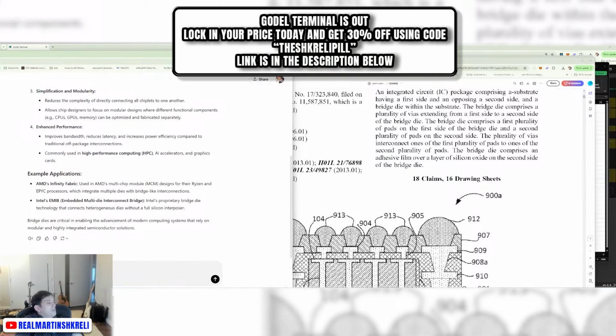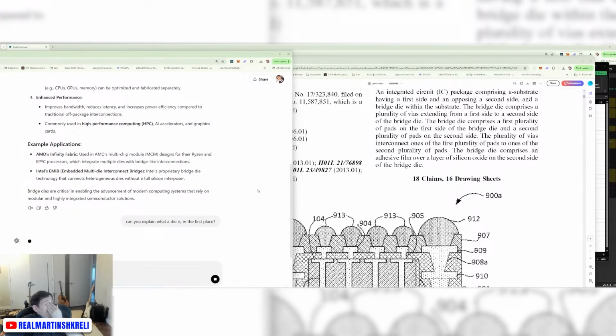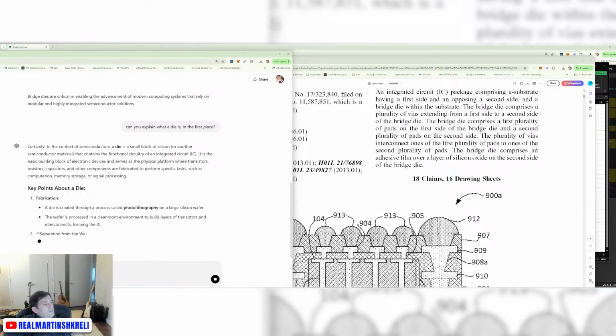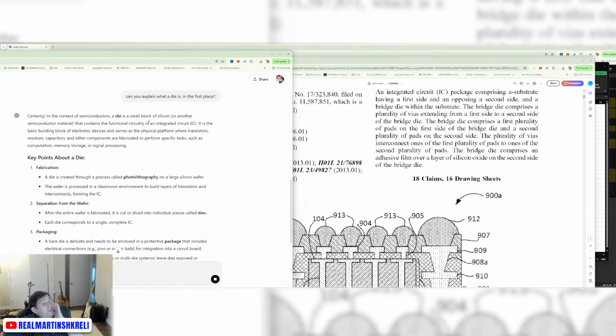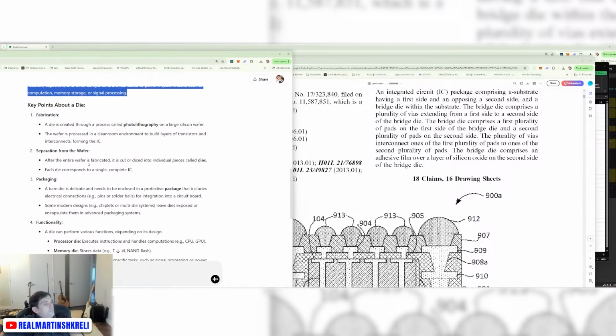Okay, how about this? Can you explain what a die is in the first place? A die is a small block of silicon or another semiconductor material that contains the functional circuitry of an IC. It is the basic building block of electronic devices and serves as the physical platform where transistors, resistors, capacitors, and other components are fabricated to perform specific tasks.